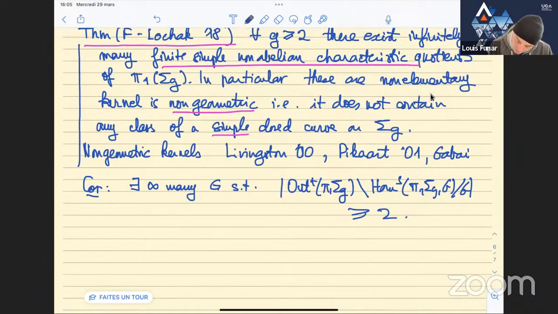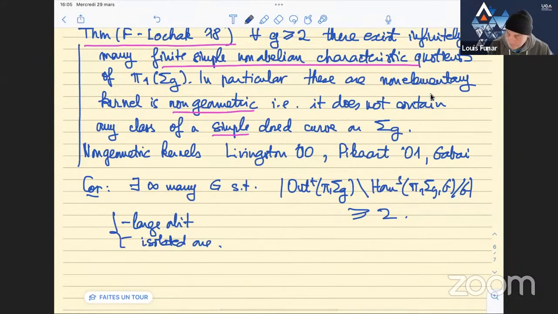It's at least 2 because there is a large orbit and there is a very small one, an isolated one. So at least 2, right?